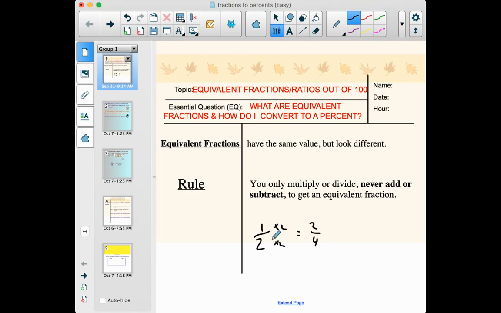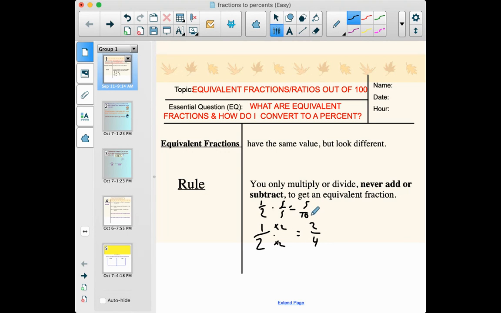Okay, we can multiply the 1/2 by 5. If we do it to the top and bottom, 1 times 5 is 5, 2 times 5 is 10. So 5/10 is another way of saying 1/2, right? If you cut the pizza into 10 and you get 5 slices, that's half the pizza. But let's talk about the other way too.